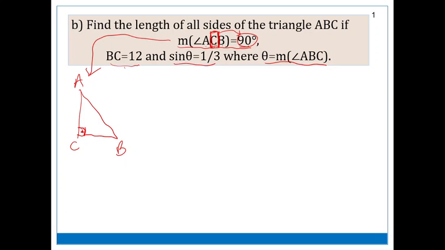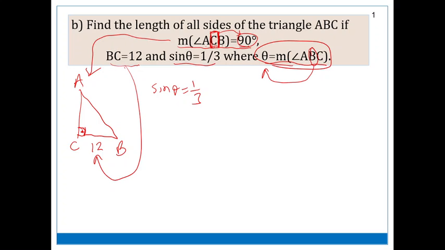And BC here is telling us this is 12. Sine theta is 1 over 3. And what is theta? Theta is this corner here, B. You always look at the middle letter here. So it's theta.